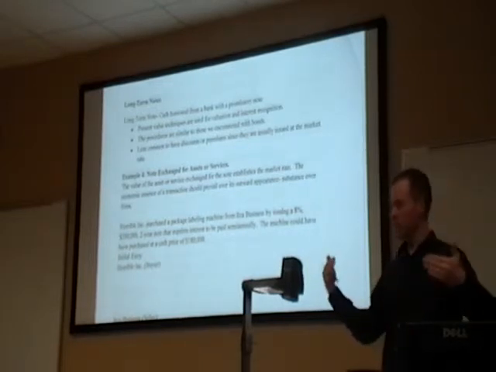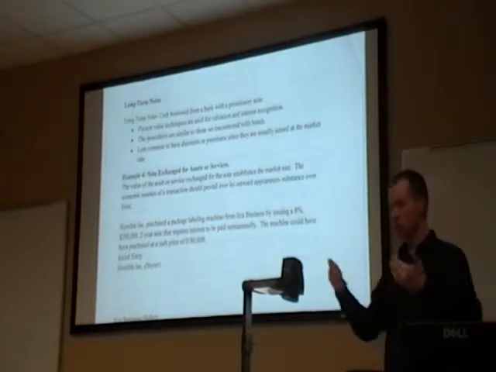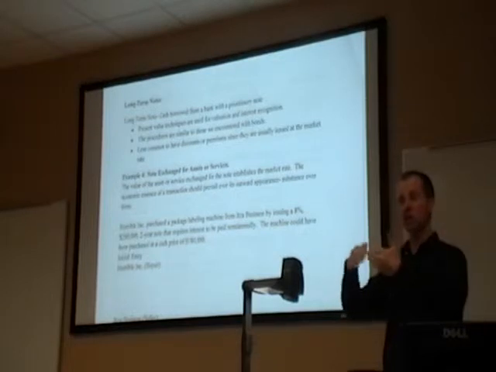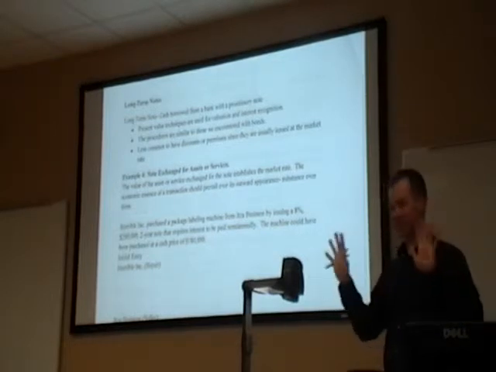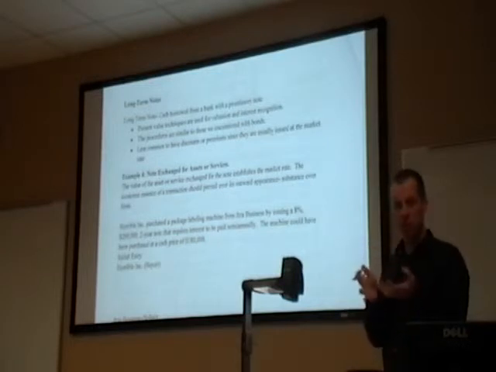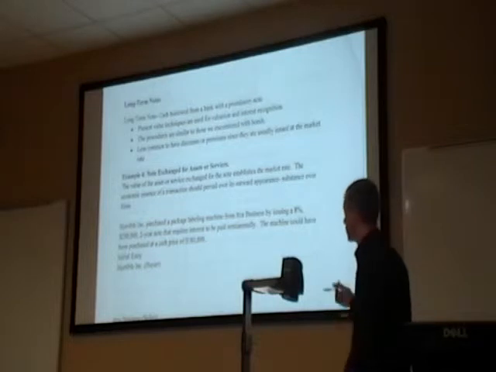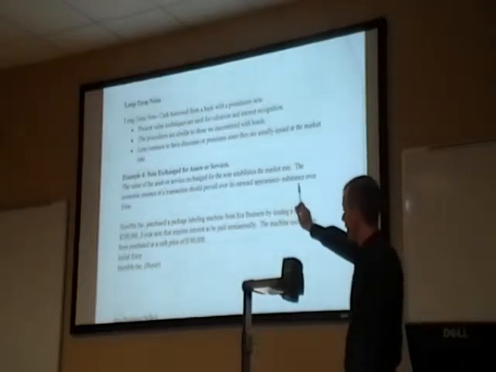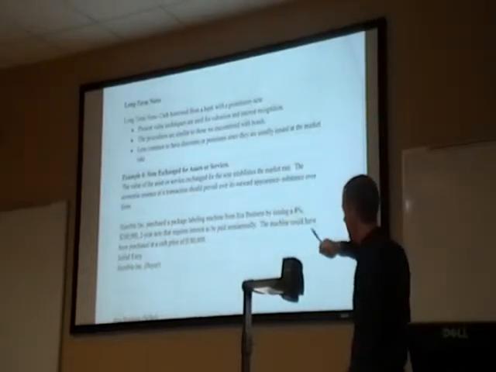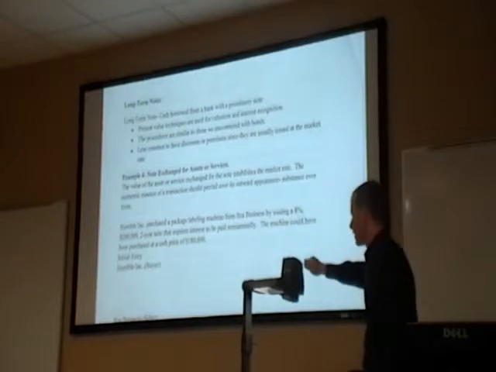Whenever we have a transaction, an exchange of goods, in accounting we assume that the things being exchanged are equal in value. That's an assumption we make everywhere, and we're going to use it to help us here when we have an exchange of a note for an asset.